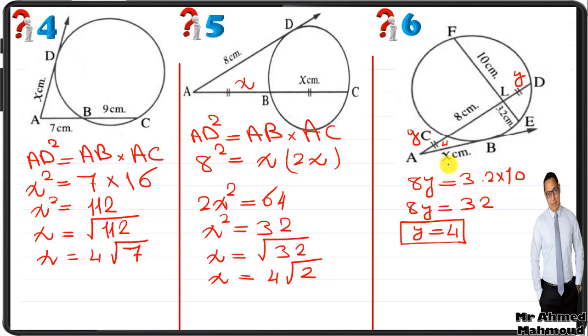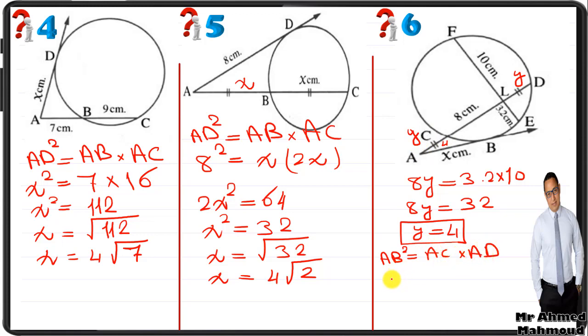Okay, now I need to find the value of x. Here AB to the power of 2 equals AC times AD.